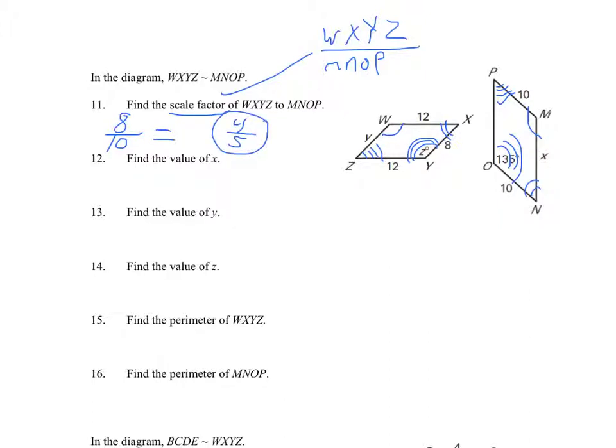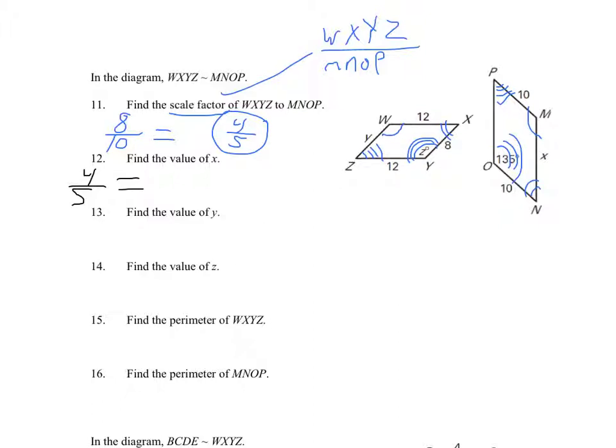Now, I would actually use that scale factor of 4 to 5 to find the next few answers. Let me show you what I mean. So the scale factor from the first shape to the second shape is 4 to 5. If I want to find X, X is in the second shape, and X corresponds with 12. They're not congruent, they're not the same, but they're proportionate to each other.